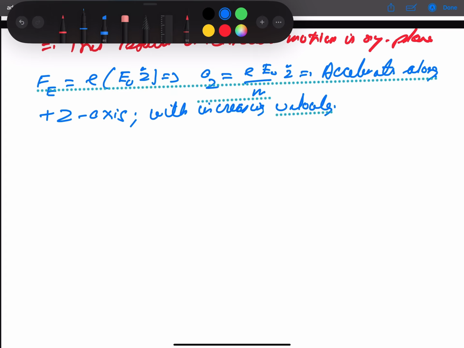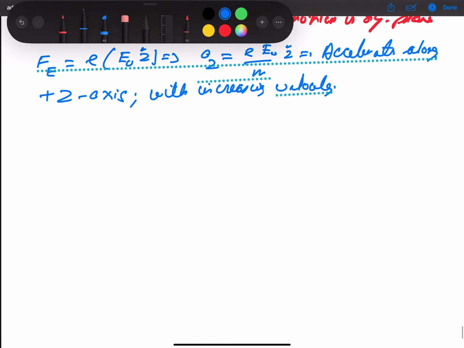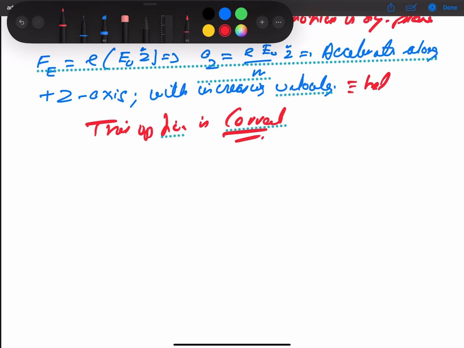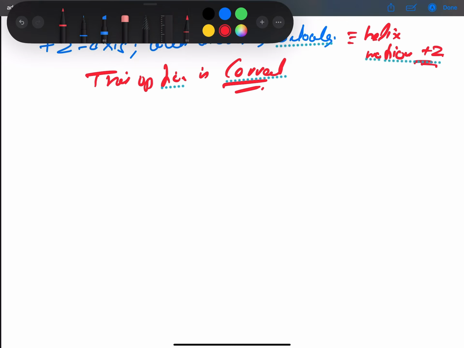So it means the motion is a helix along plus z. So this option is correct, the helix motion along plus z. So option C is correct.